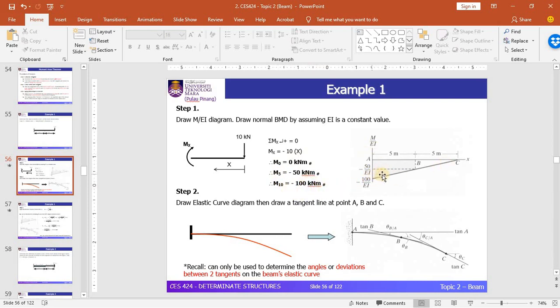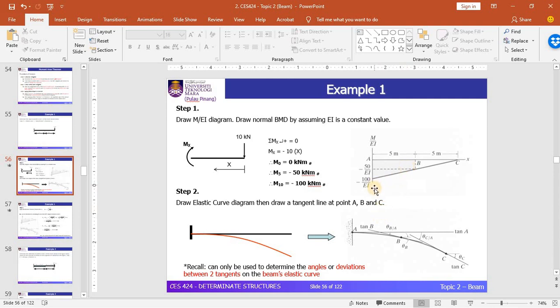At point B, the M/EI value is equal to negative 50 over EI. At x equal to 10, the value of M/EI is equal to negative 100 over EI. Once you have obtained this M/EI diagram, you can proceed to the second step.